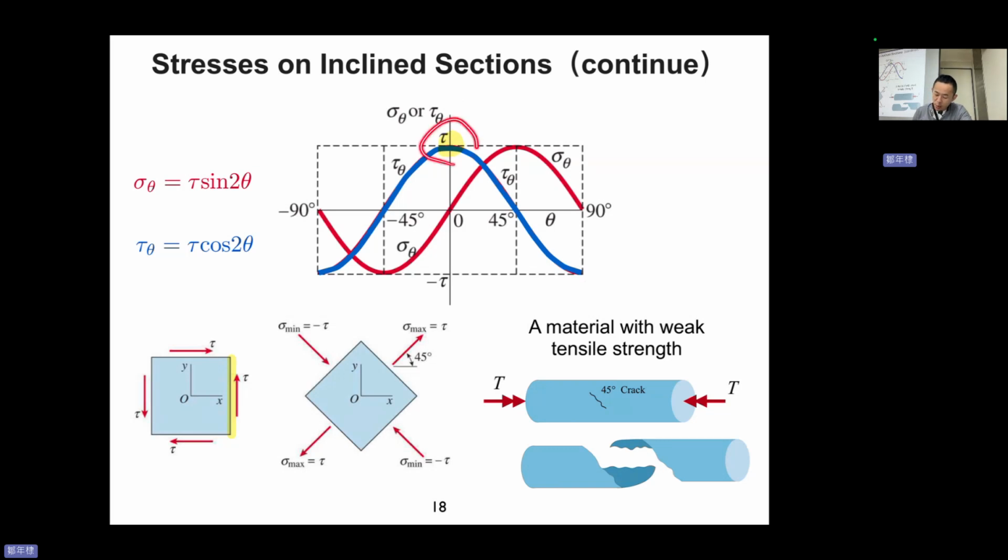So you have tau maxima and 0 normal stress, because you are undergoing pure torsion. Okay, no normal stress. And then you have your own 90-degree phase, and your tau becomes negative maxima.